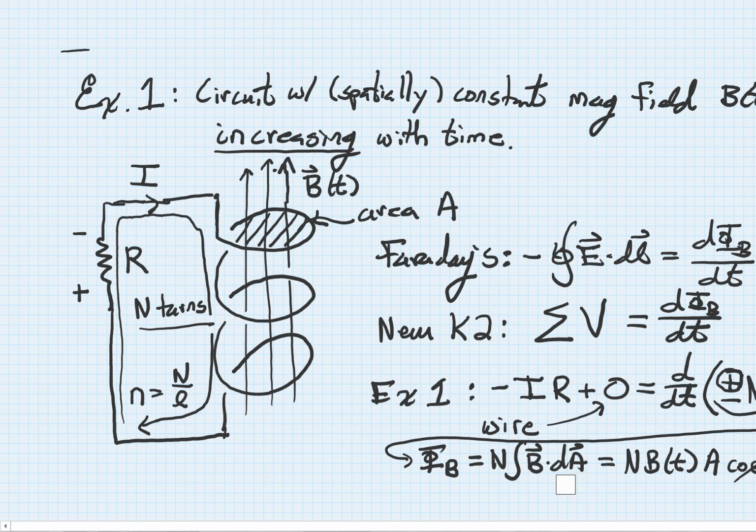And this is where our right-hand rule is very important to establish the signs. In this case, the direction that we are going around our loop is determined by how we're following Kirchhoff's law. We're going around our circuit this way. That means we are looping around through the solenoid.